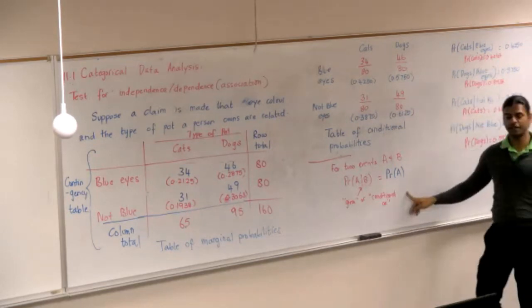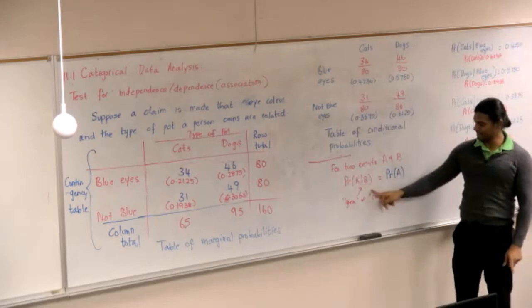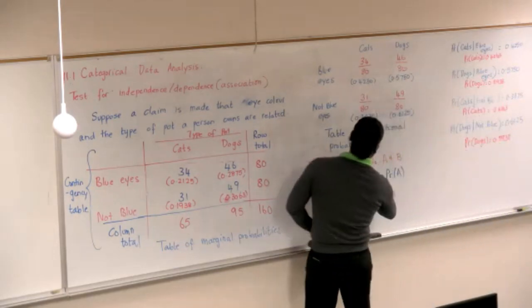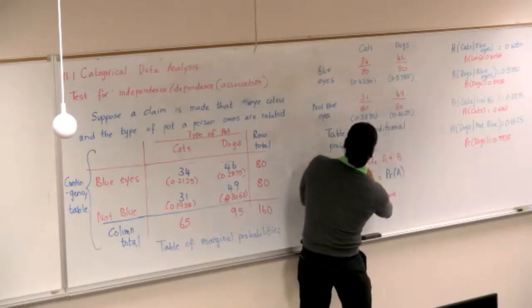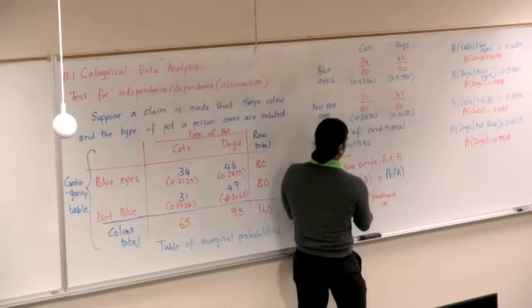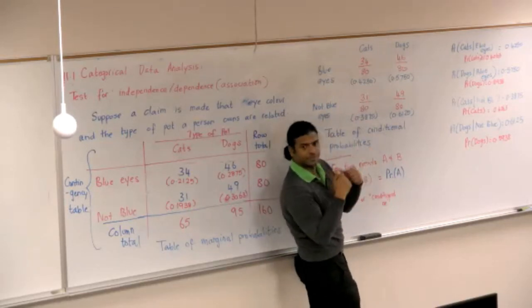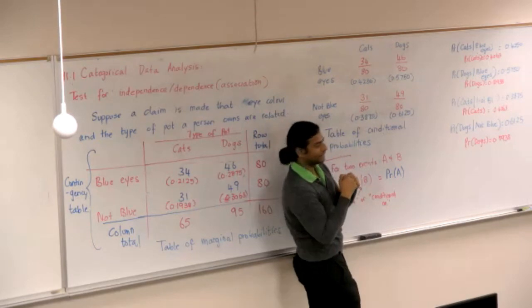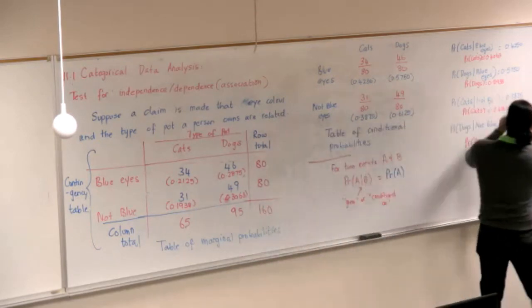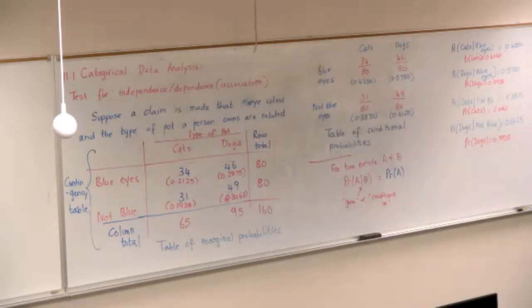That's exactly what I wrote here. If A has nothing to do with B, we'll simply have the conditional probability of A given B equal to the probability of A. Do we agree? Correct. Let's see. Are those two equal? But are they close to each other? Yes. How about those two? They're not equal, but they are close to each other. Correct? Yeah.